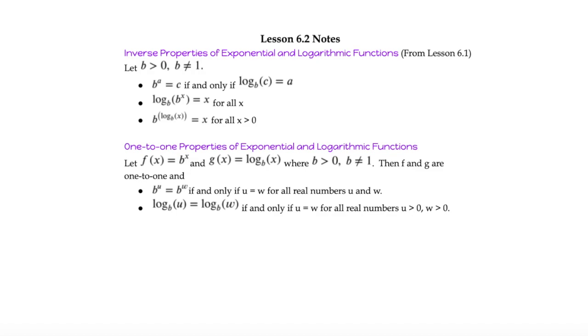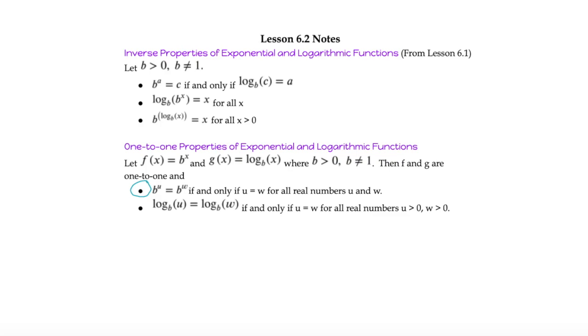An important property that we're going to need when we start solving is the first bullet point at the bottom: if we have the same bases and we raise them to a power, it doesn't matter what the base is, the powers have to be equivalent to one another.